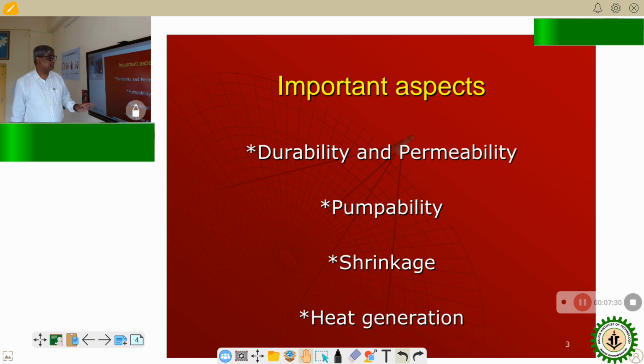That's why permeability is very important, because if this acid solution or sulfate solution enters the concrete, then all these problems will crop up. That's why I show you durability and permeability. If the permeability is less, then normally we will get highly durable concrete.